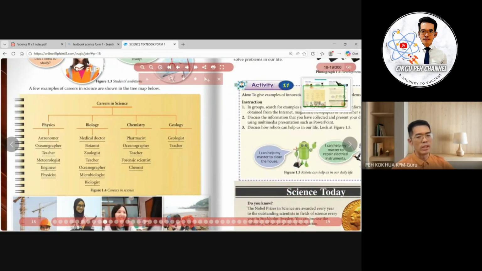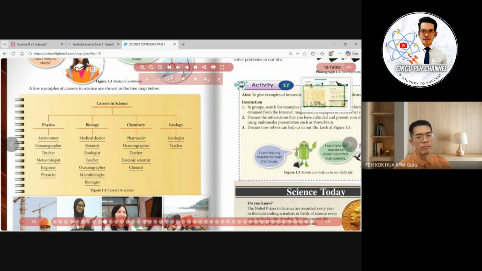For physics, you can see the related careers will be astronomer, oceanographer, teacher, then meteorologist, engineer, physicist. Then for biology, you can become doctor, botanist, zoologist, and others now. Then for chemistry, you can become pharmacist, you can become chemist.